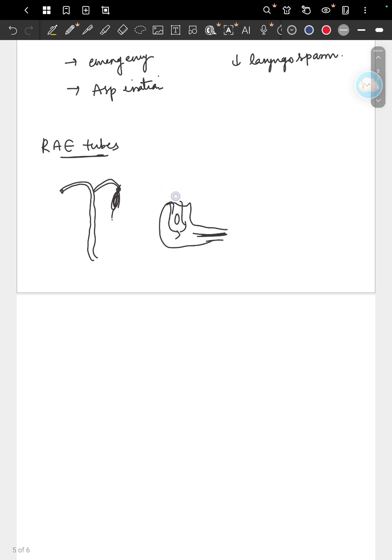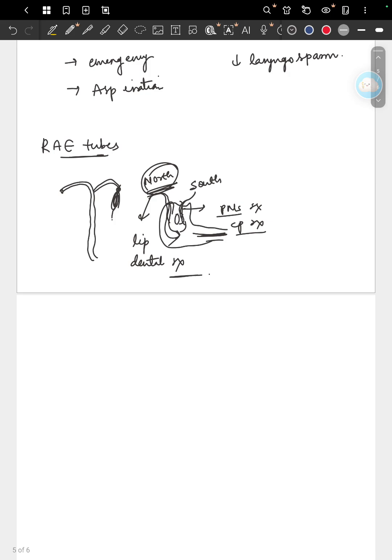If you enter via the upper opening, that is north, then you will enter into one field of surgery. If you enter in a south direction, you will be going into the downward opening. This downward opening is used for PNS surgery and cleft palate surgery, etc. The upward one, the north direction one, will be used for lip or dental surgeries. So these are the two directions or fields of surgery you can enter into.